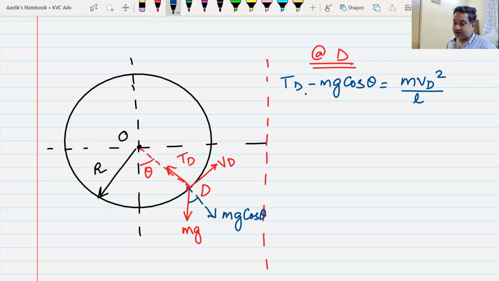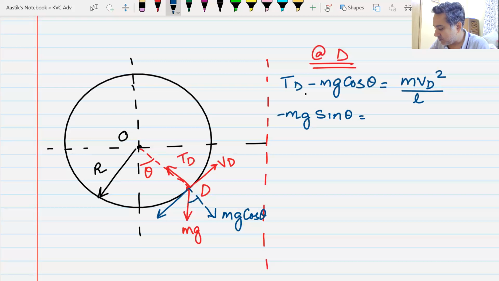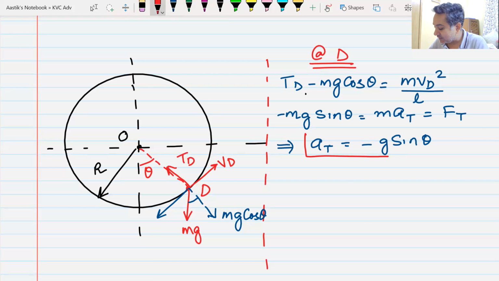Is there any equation in the tangential direction? Yes, sir. Minus mg sin theta will be m into at, the tangential force. From here you can get the tangential acceleration as minus g sin theta. What you have to remember is that this tangential acceleration is continuously changing.